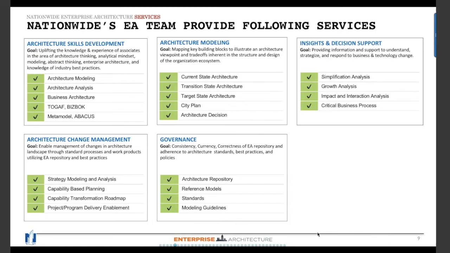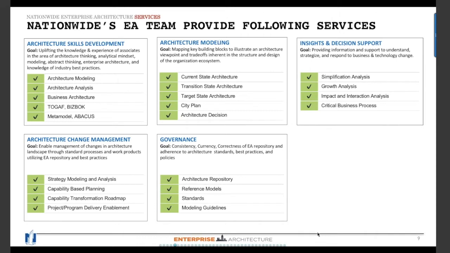distributed environment. Second thing that we do is also responsible for managing the modeling of architecture across our plan, build, run landscape. So that's current state, target state, all the transition architectures, as well as what we call the city plan.